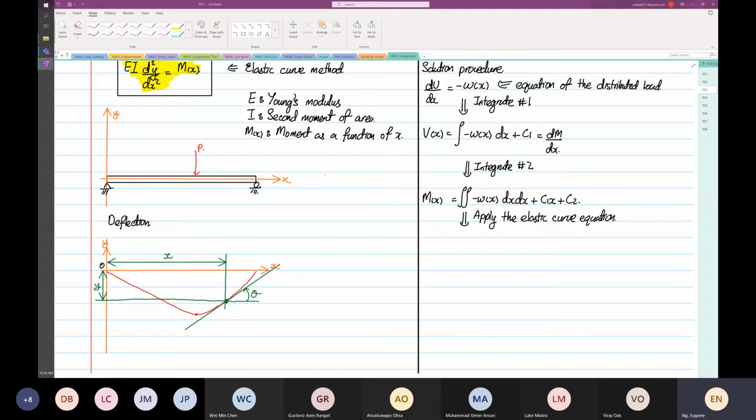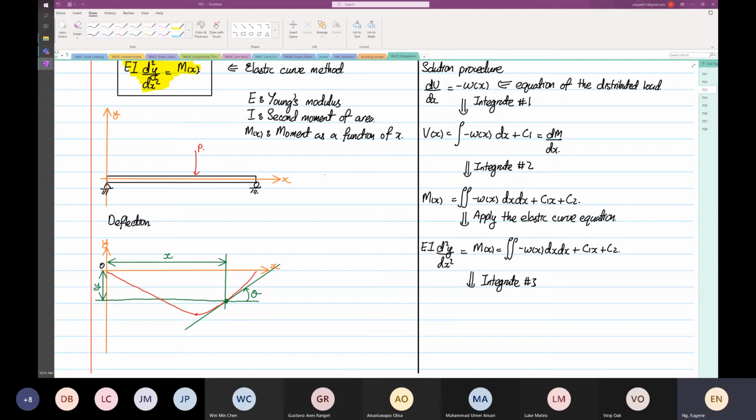So what do I mean by the elastic curve equation? It is just this: EI d squared y over dx squared is equal to M as a function of x, which is equal to the double integral of minus omega as a function of x, plus c1x plus c2. The next thing we do, you will say, yeah, Eugene, we integrate the third time.